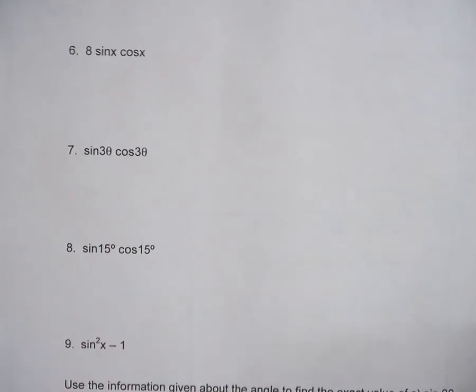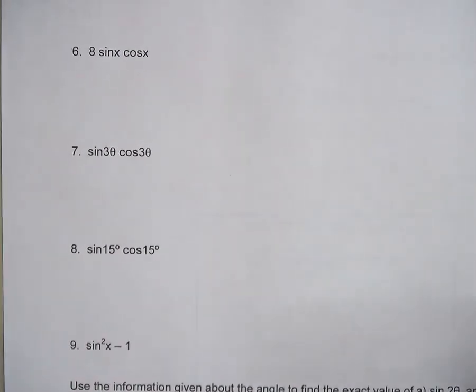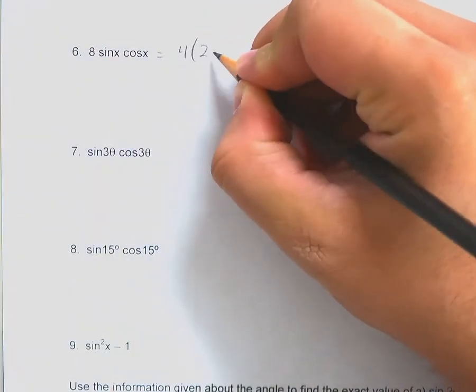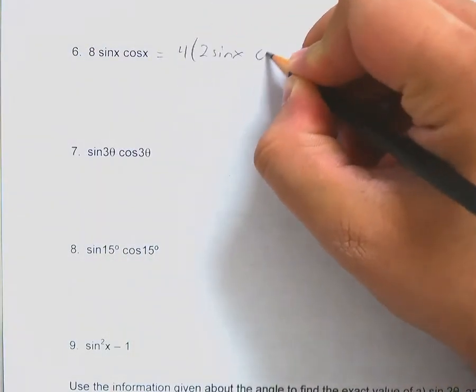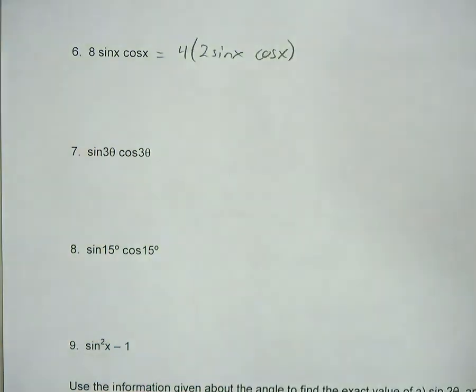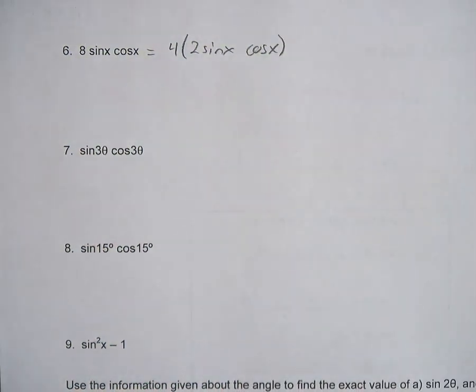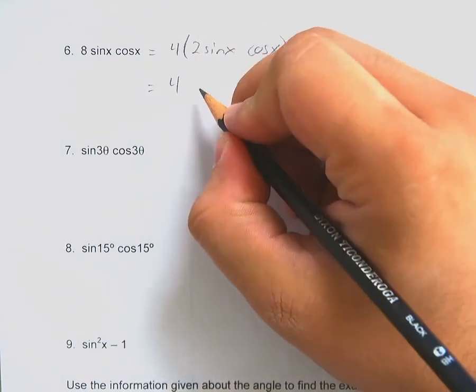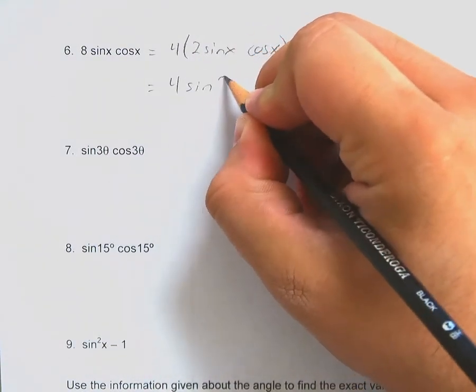So is there any way I could change 8 to a 2? Well, yeah. What if I factor out 4? 2 sine x cosine x. Now the inside looks like sine of 2a. So that's going to be 4 times the sine of 2x.